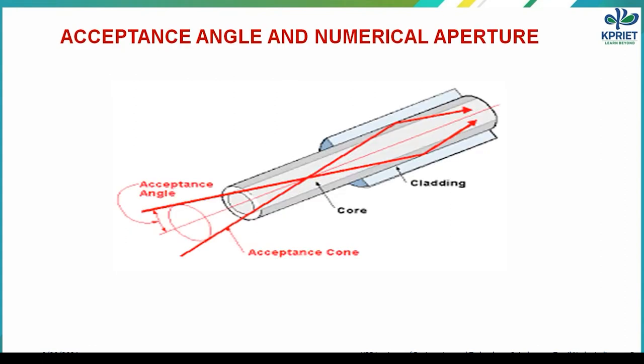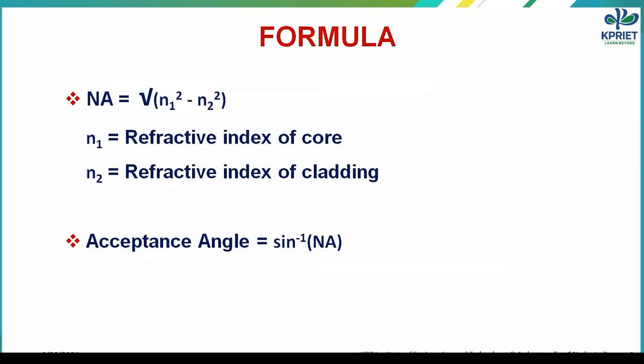So this is about the acceptance angle and numerical aperture. In this figure we can see that the light ray entering inside the core will be reflected back inside the same medium, that is it will undergo total internal reflection. The angle inside this cone is called acceptance angle, and the numerical aperture is the light gathering capacity of the fiber. So the formula used to determine these two, that is numerical aperture and acceptance angle.